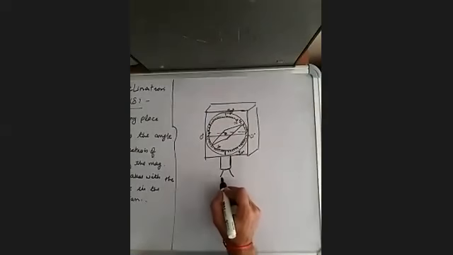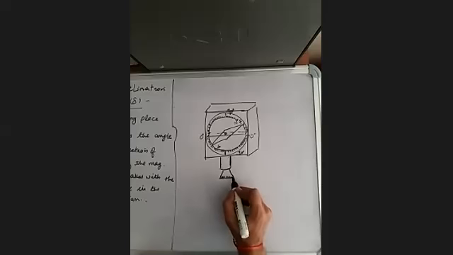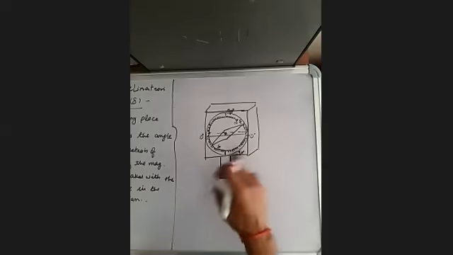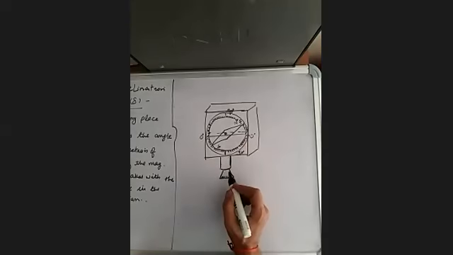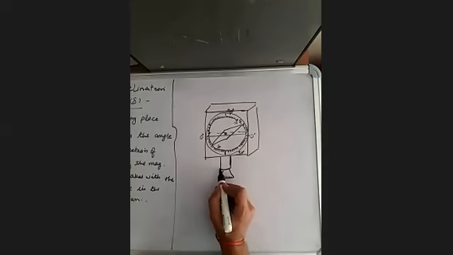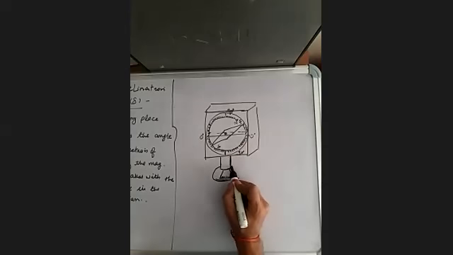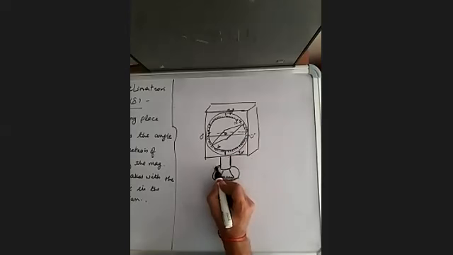And with it is fixed a vernier scale. So the scale can also turn. If you turn it, the scale will also turn, and it can turn 360 degrees. So this is another scale from 0 to 360 degrees.